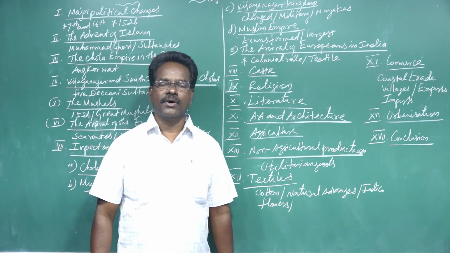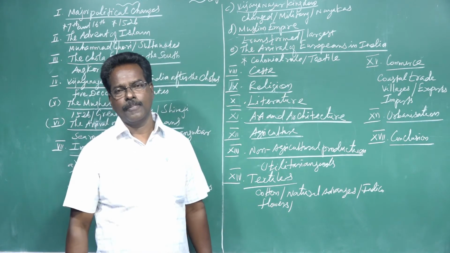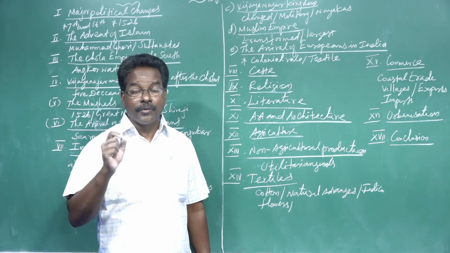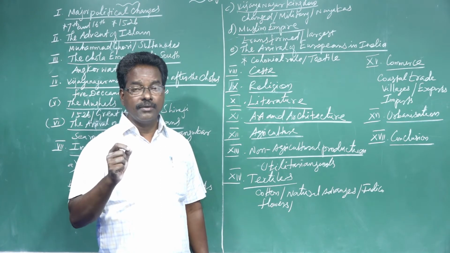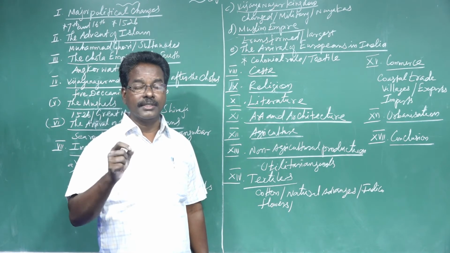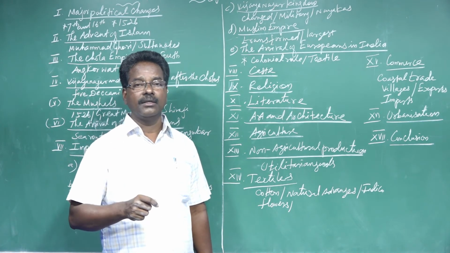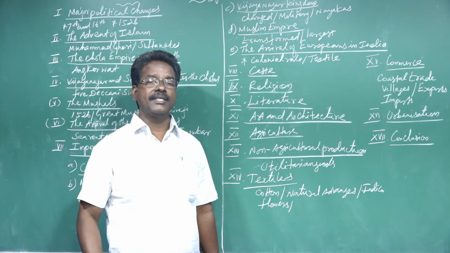These are the factors for the enrichment of agriculture. Agriculture provides food crops, food, clothing, shelter, employment, medicine, and raw material for agro-based industries.